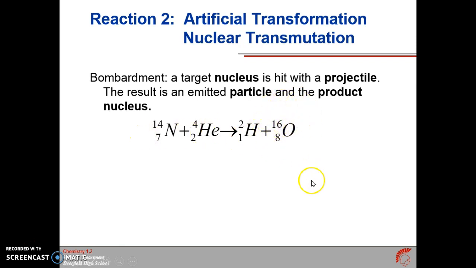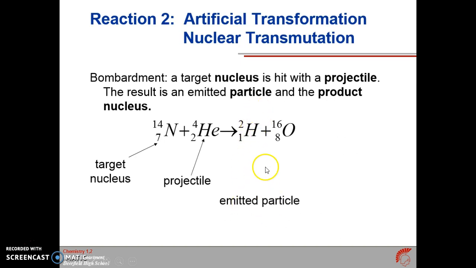So here's an example of artificial transmutation. The target nucleus is the nitrogen, the projectile is the alpha particle, the ejected particle is the hydrogen nucleus, and then oxygen would be our product nucleus. That's where most of the mass is. So the product nucleus is typically where the mass is.